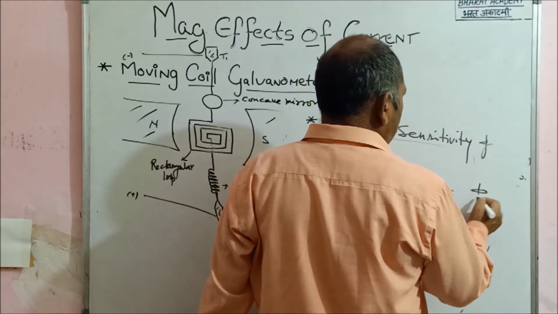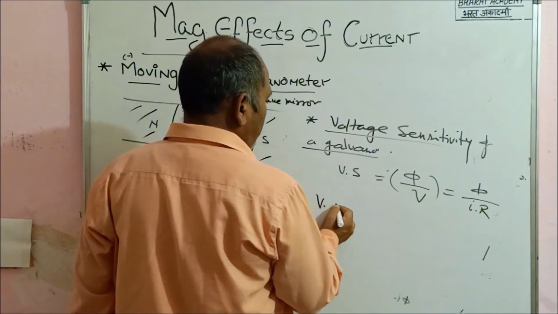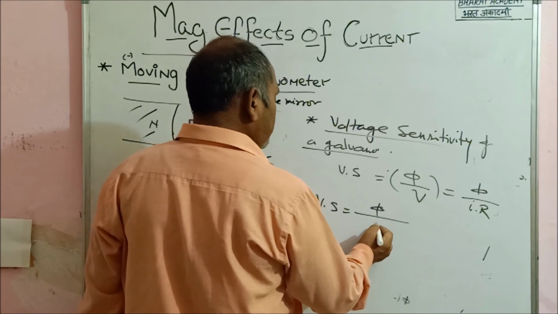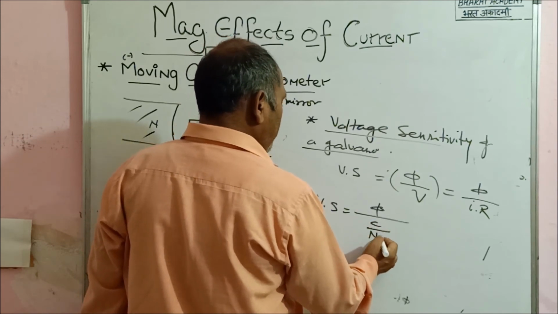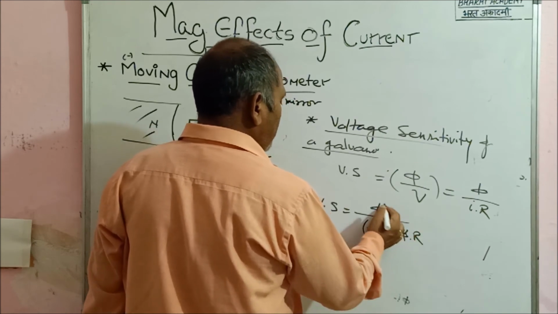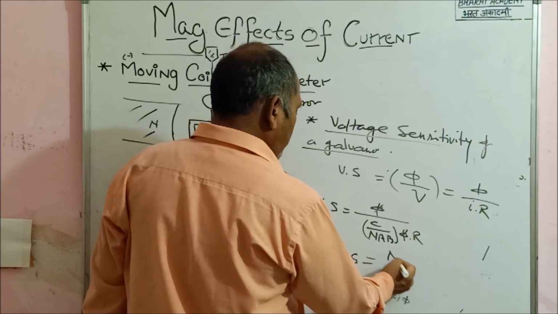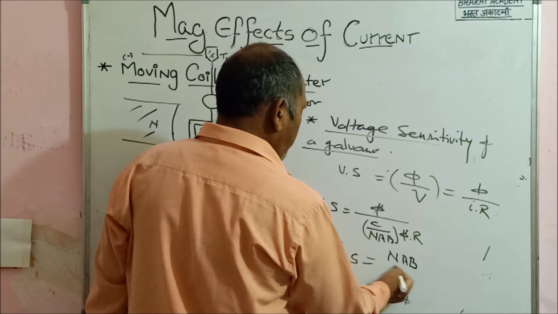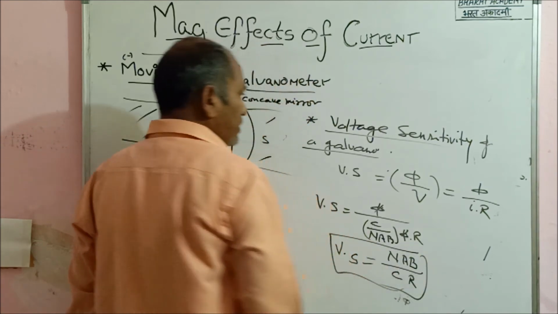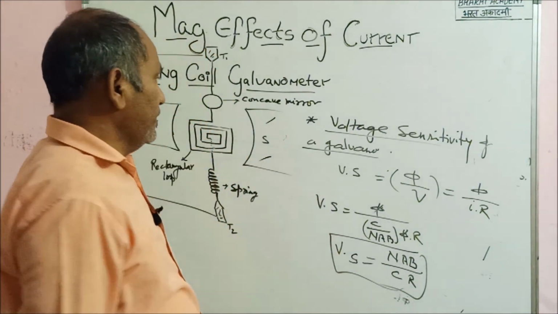And potential is nothing but I into R. If we substitute the value of I again, what we will get? φ upon C upon NAB φ into R. φ will be cancelled and we are left with Vs equal to NAB upon CR. Right, almost the same expression, only the factor is that resistance will also be there, right?